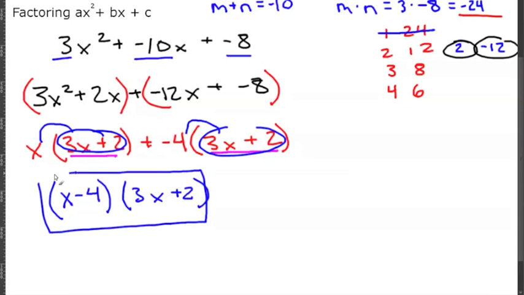This would be the factored form of our original polynomial. And again, if we were to set the original polynomial to 0, that means that this first term is either 0 or the second term is equal to 0.